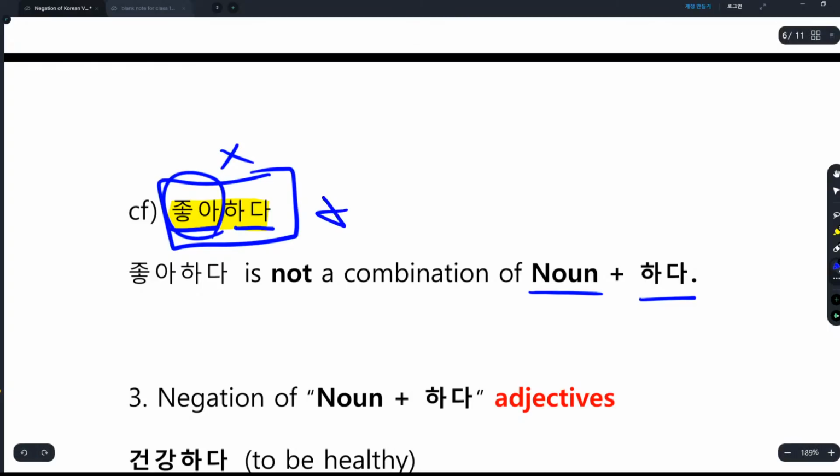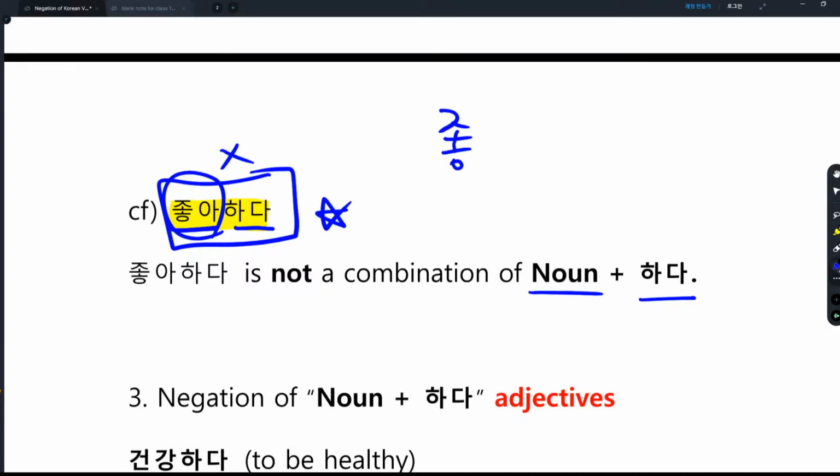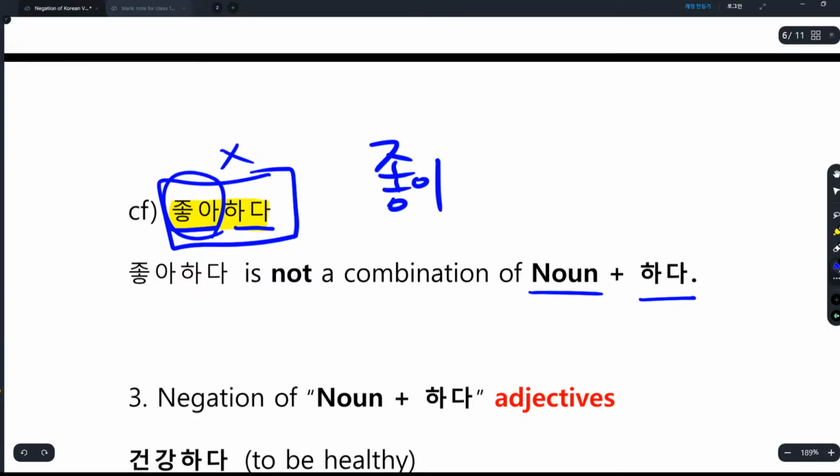Maybe to go more in depth, it would be a combination of 좋다 plus 하다, but this is not really an important grammar point to discuss, and you can just remember that 좋아하다 is not a combination of noun plus 하다. So you cannot negate it like 좋아 안 하다.